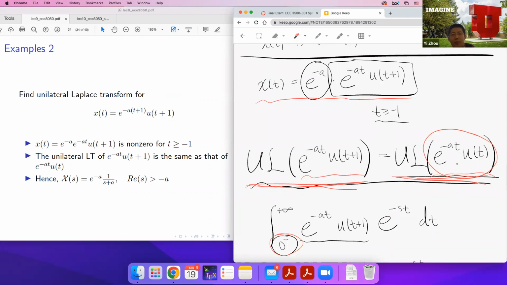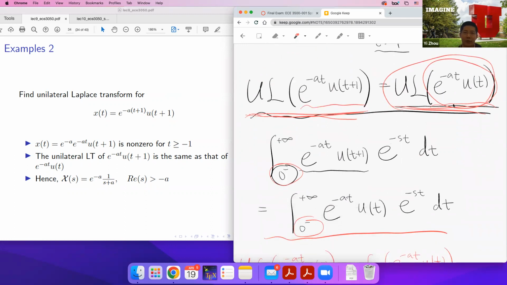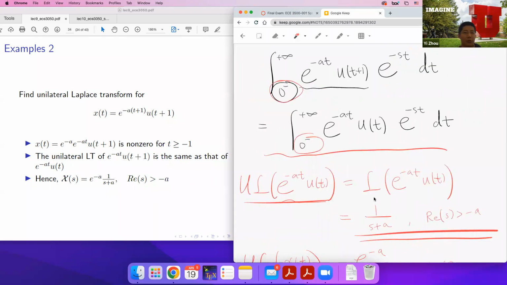this causal signal, by leveraging the property of the unilateral transform. And then because this is causal, right? Causality is very important. Now, because the signal is causal here, the unilateral transform equals its corresponding Laplace transform.